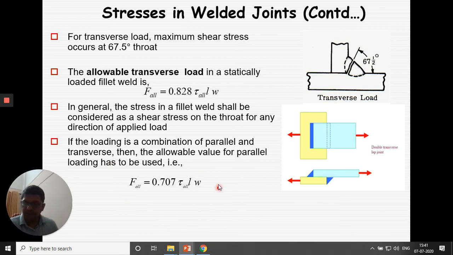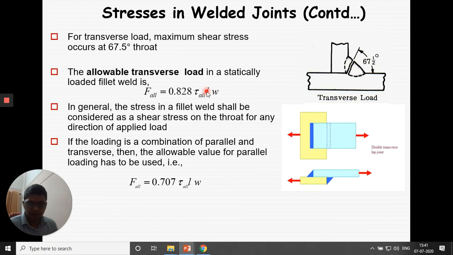Then for safety, we will consider only the lower value, which we derived in case of the parallel fillet welding. F allowable is equal to 0.707 times the allowable shear stress into L into W. And in this condition, what you need to remember is that the equation which we have described here can be used only whenever the loading is perfectly transverse.